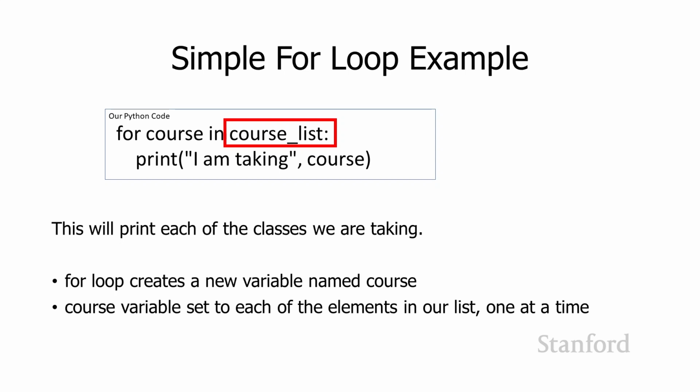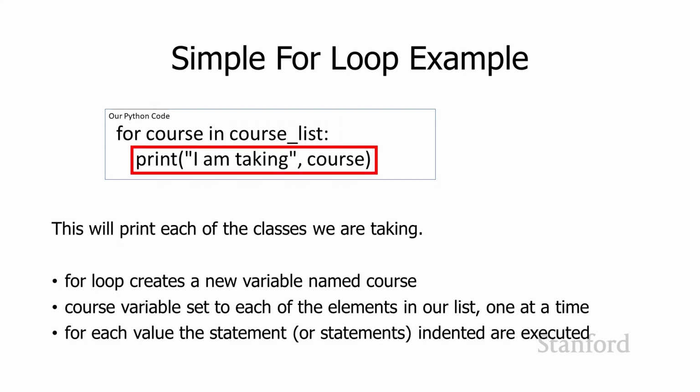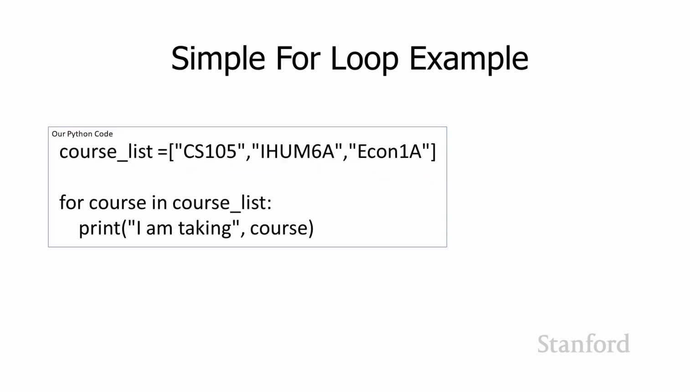That's the list that I appended a bunch of different items to. And so what will happen is the statements in the for loop, which in this case is the print I am taking course, will get executed one at a time for each of the different values of the course list.